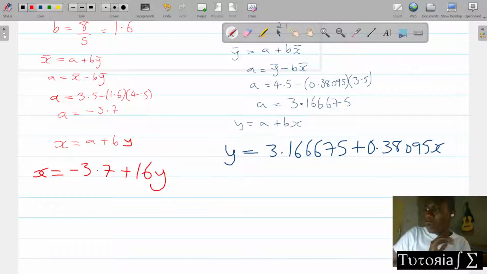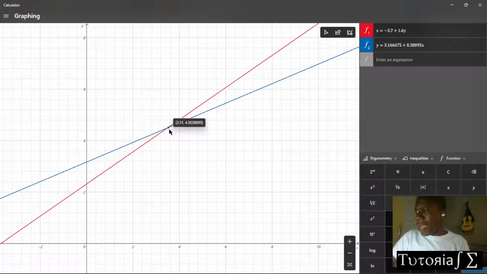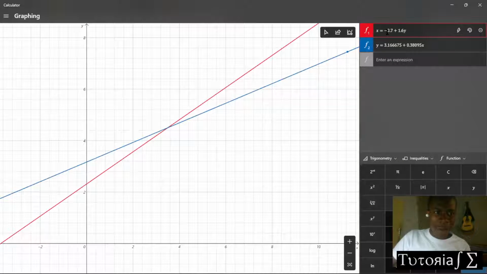From here we need to plot the two equations. Using my graphing calculator here, this is our f of x. The red, we are still maintaining red, was for x on y, and blue was for y on x.